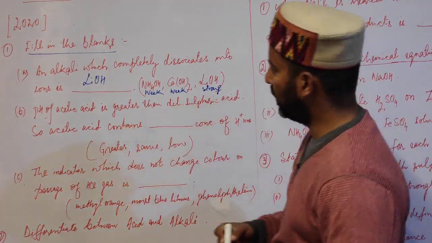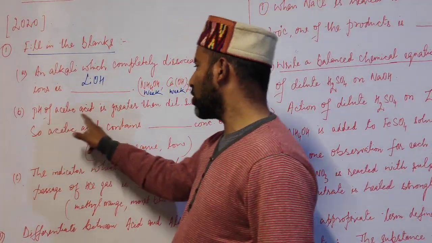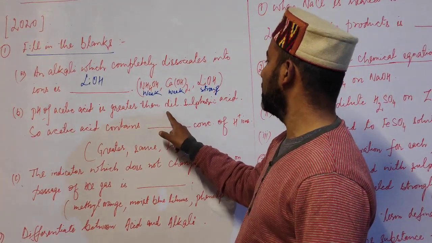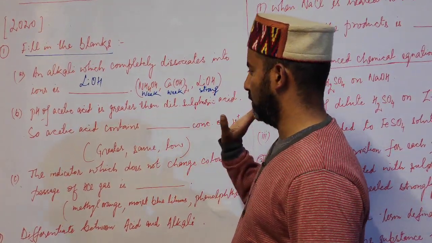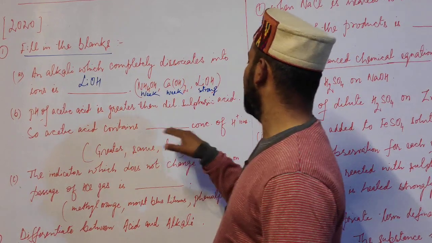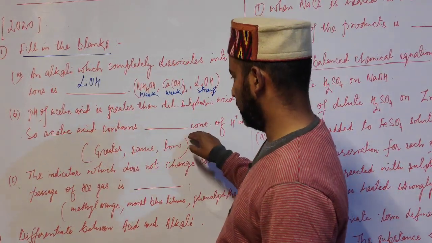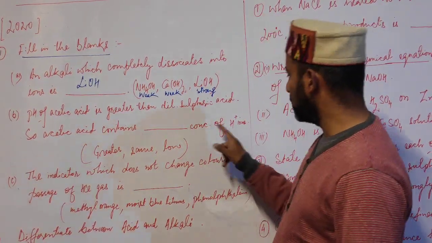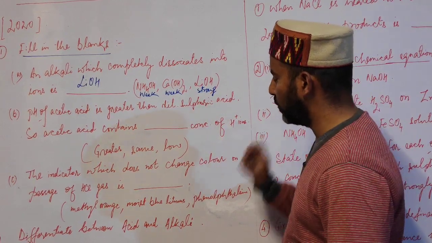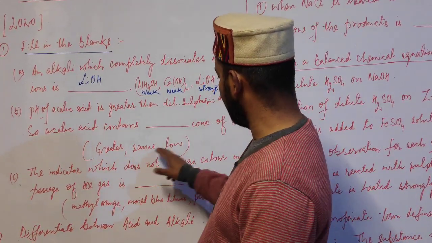Now the second part is: the pH of acetic acid is greater than dilute sulfuric acid, so acetic acid contains dash concentration of hydronium ions or H positive ions: greater, same or low.